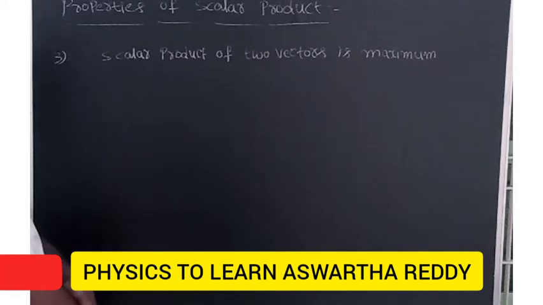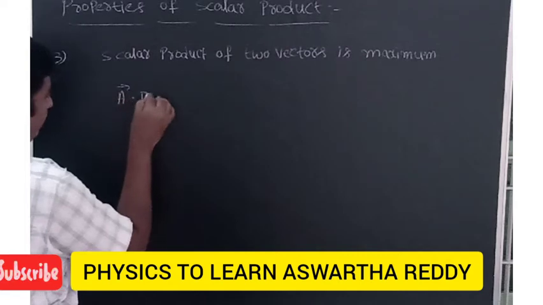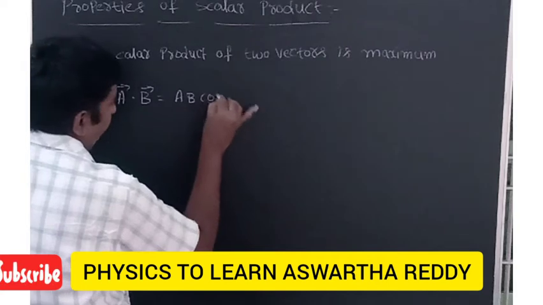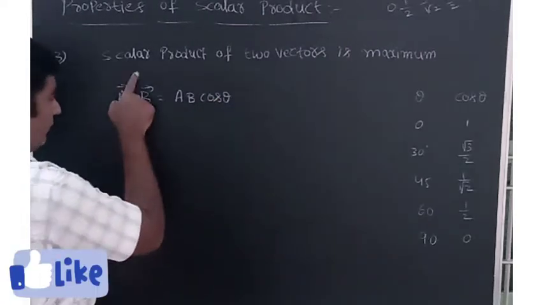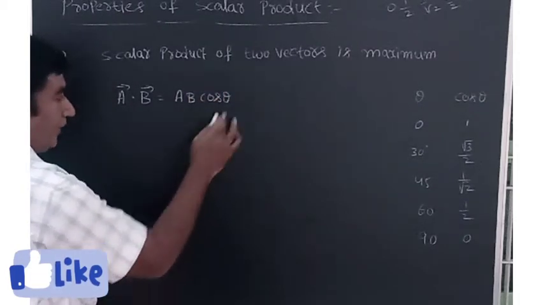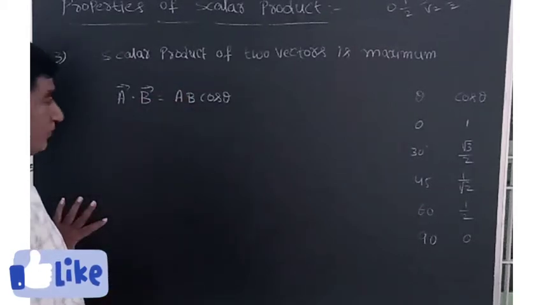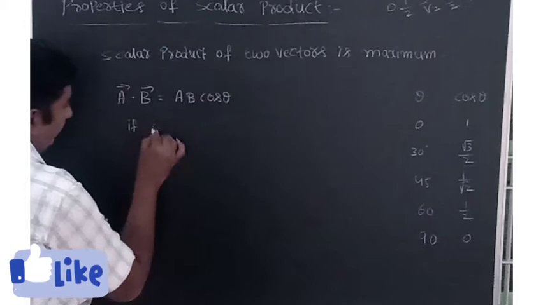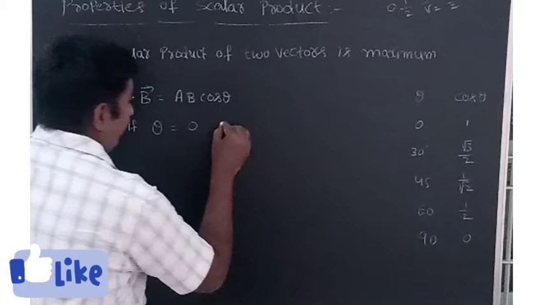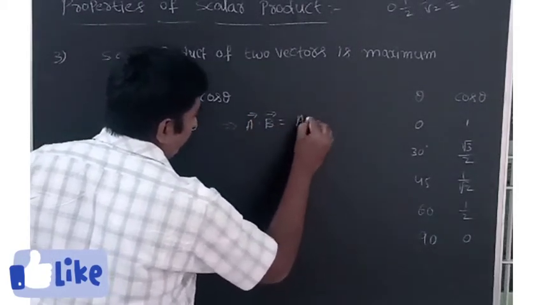Just now we have proved A vector dot B vector is equal to AB cos theta. If this cos value is equal to 1, we can get the scalar product maximum. In such a case, if theta is equal to 0, then A vector dot B vector is equal to AB.